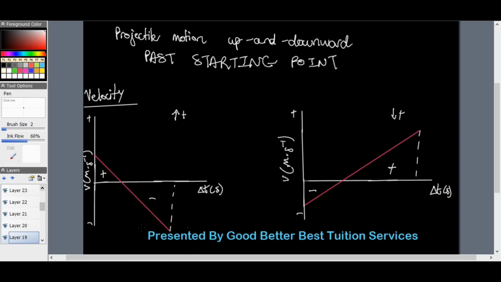Okay, so the gradient will still give us the same answer for both of these. And of course delta y would be the area underneath the graph, and we'll take the sum of those two areas, which of course will give an actual value greater than 0 for our displacement. Okay, so that's the gist of it.